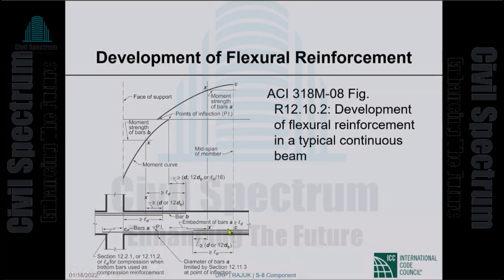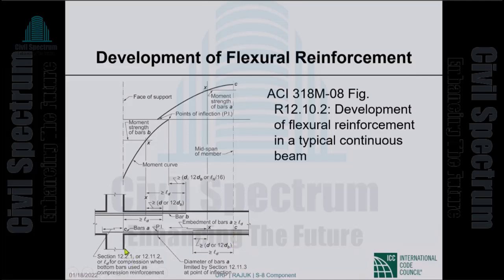At the bottom, the C bars can be theoretically discontinued at this section X, and that's what the bending moment diagram shows, but they have to continue beyond by D or 12 bar diameters, whichever is the larger of the two, and these bars that are being cut off have to be fully developed beyond where they need to develop F sub Y, full development length, which is apparently this section.